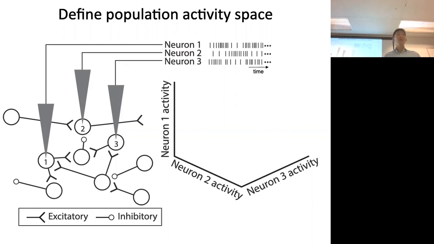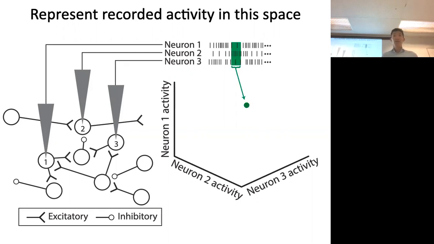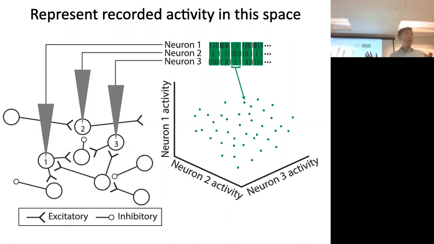So if we're recording from 100 neurons, this would be a 100-dimensional space. Then we can take a window and count the number of spikes that each neuron produces within that window. That defines a point in this space. We can do this for many such time bins, and we get a scatter of points in this space.